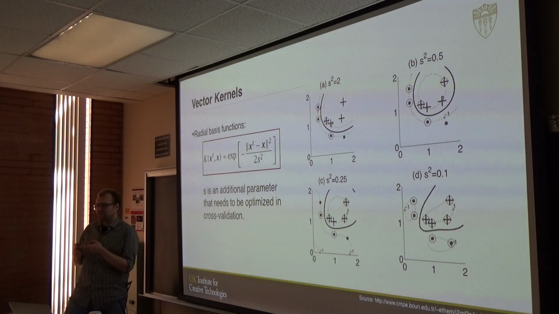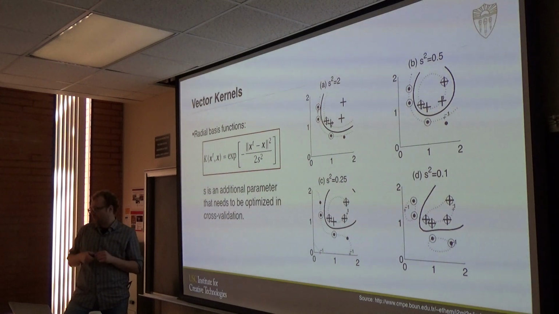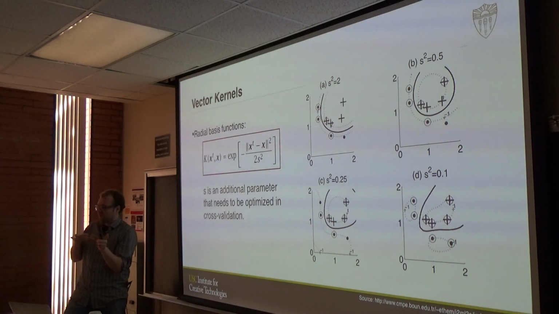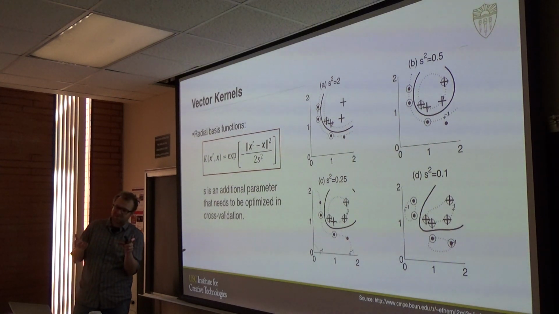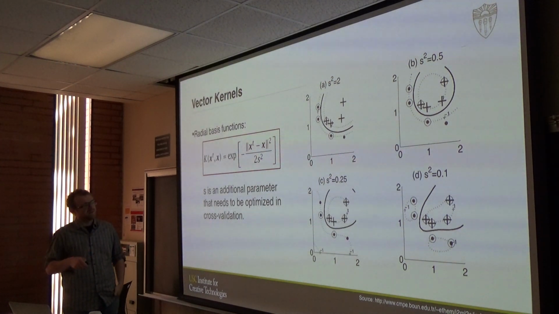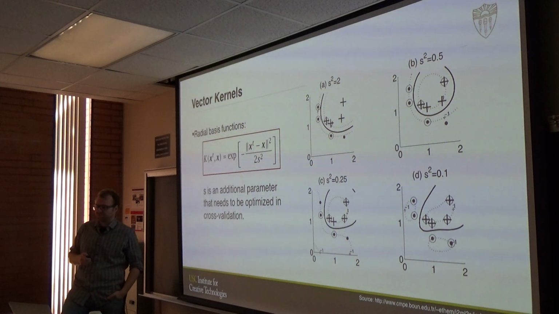Because first we had the idea of Occam's razor before, so we don't want too many points to define our separation. But on the other hand, we just had another theorem that mentioned that the number of support vectors is directly proportional to the expected error on the generalization. So you don't want it to be too complicated. Okay? So again, S in this case is a tunable hyperparameter. Okay?